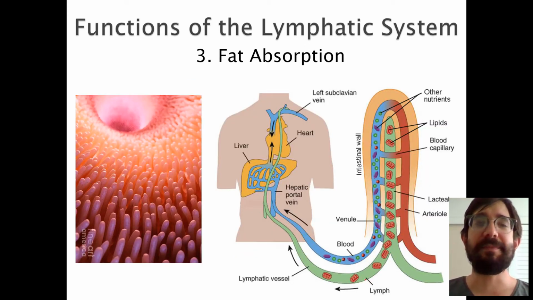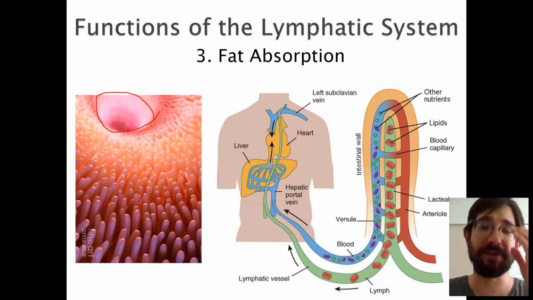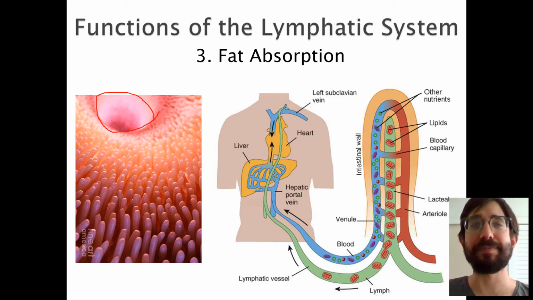The last function of the lymphatic system is fat absorption. And it might be hard to imagine this, but your intestines are not smooth walled. They have all of these tiny little structures on the surface of the intestines called villi. And the goal of these villi is to improve absorption of nutrients from your food.